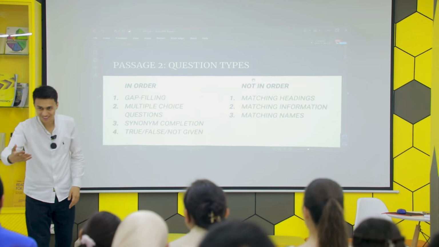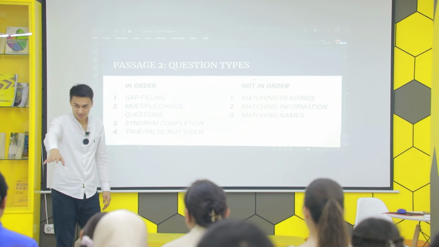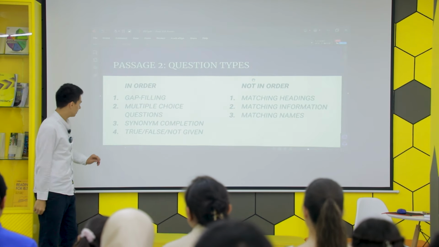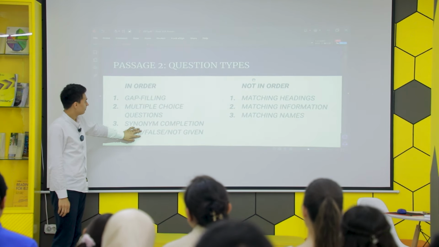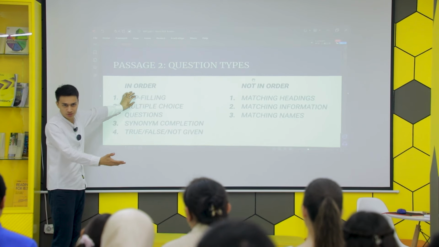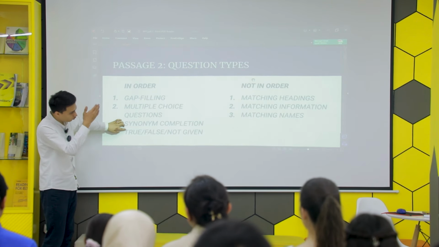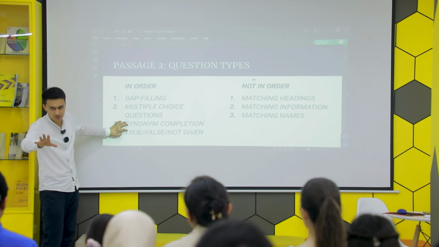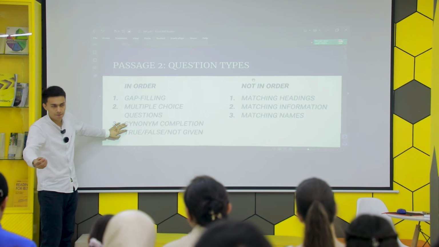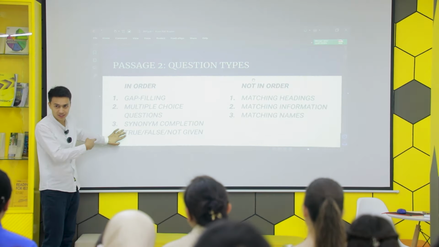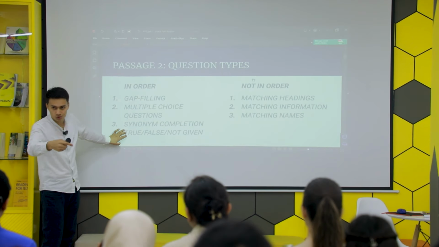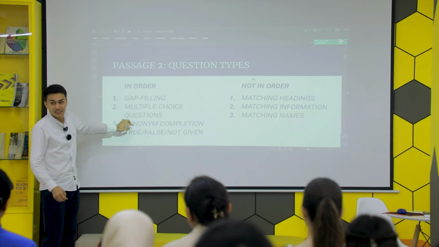Let me speak in Uzbek. Passage 1 haqida gapiryapsiz. Xo'p, savol beryapti. True, false, not given bilan gap filling tushgan. Doimiy tushadi passage 1da. True, false, not given o'zi ketma-ket bo'ladi. Misol uchun, let me give you an example. 13 ta savol bo'lsa, 1 dan 8 gacha true, false, not given. 9 dan 13 gacha gap filling, ha?